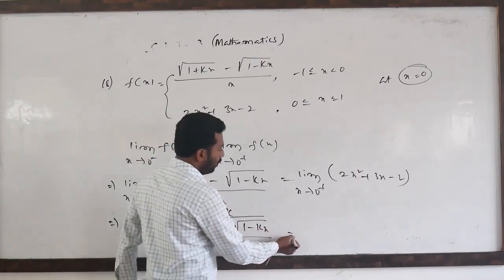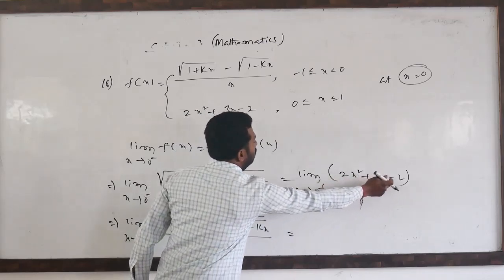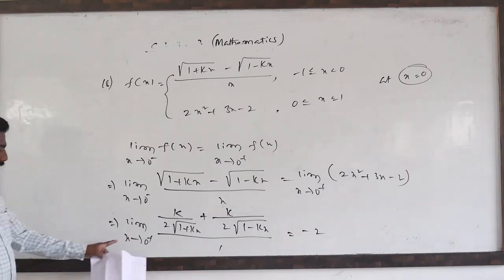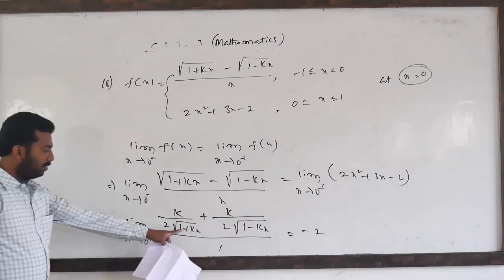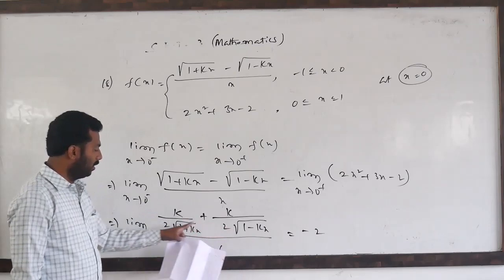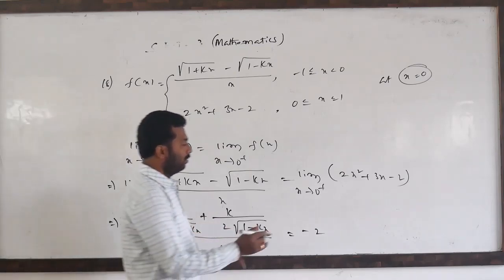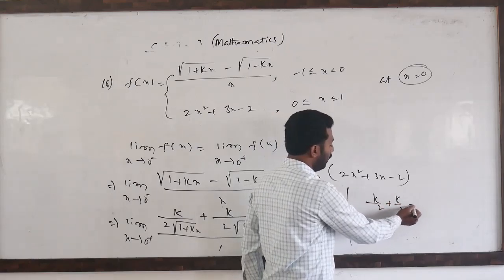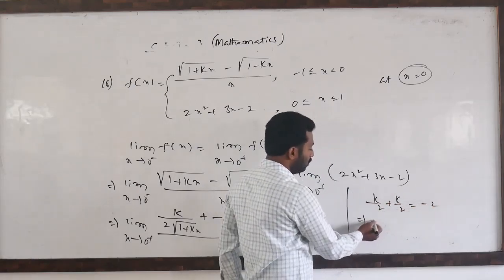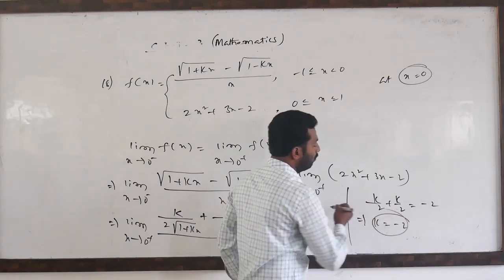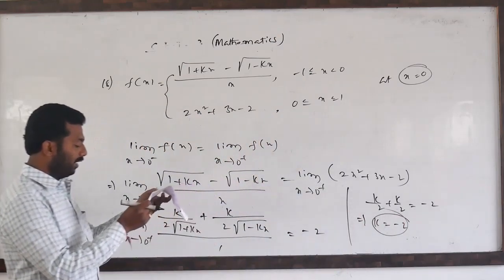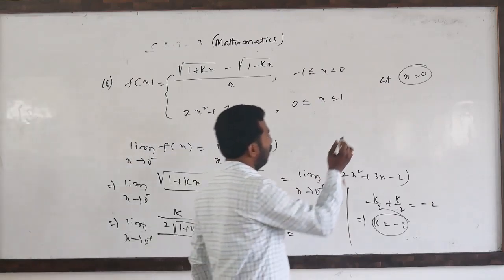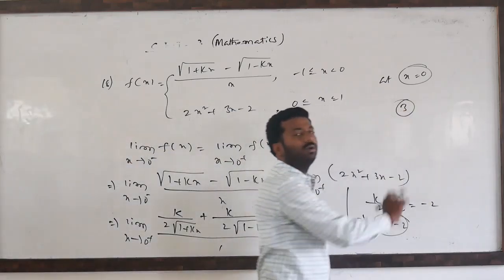Putting x equal to 0 here, this is 0, this is 0, minus 2. So final answer I tell you. Now you are substituting x equal to 0, this is 1, this is 1, k by 2 plus k by 2 minus 2. So this is k equal to minus 2. K equal to minus 2, which option? Is this the third option? Yes, 18th, third option, k equal to minus 2.